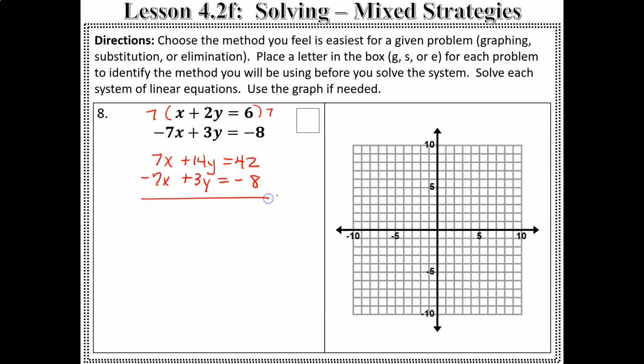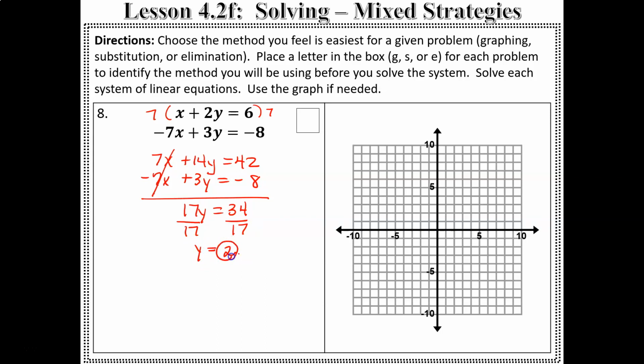Okay, let's see what happens here. Our numbers are bigger, so we're going to get rid of our 7x's. Here I have 17y and 42 minus 8 is 34. And if we divide by 17, y equals 2.